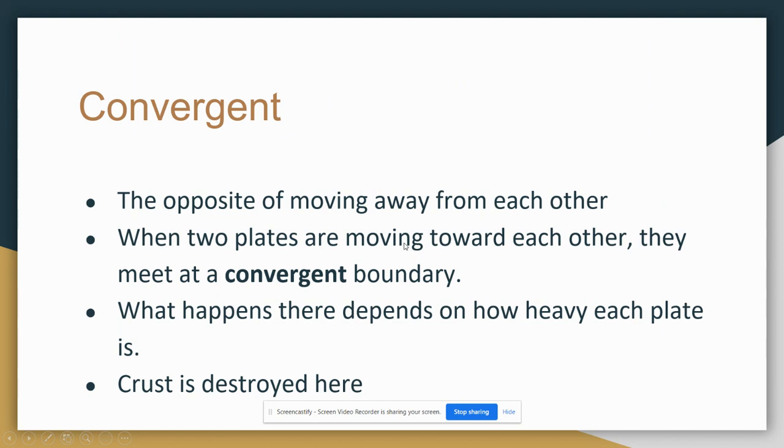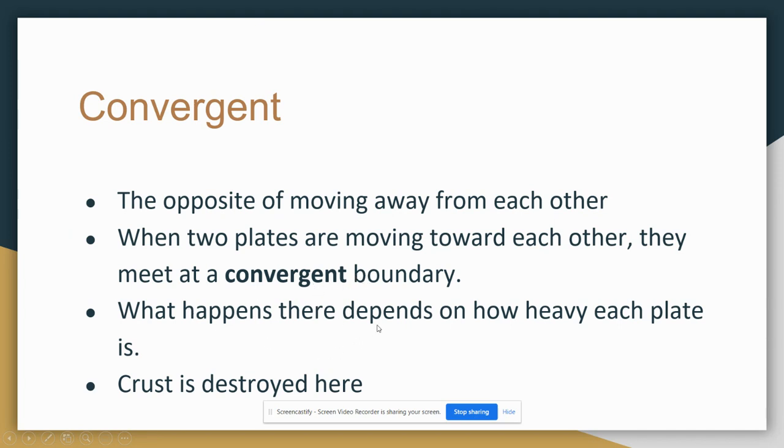The other option is for plates to be moving toward each other. The opposite of moving away from each other is moving toward each other. These are called convergent boundaries. Convergent just means converging on each other, coming toward each other.